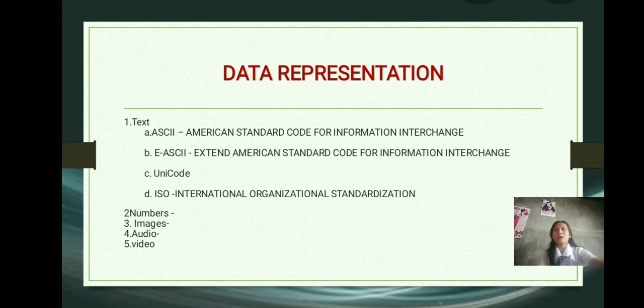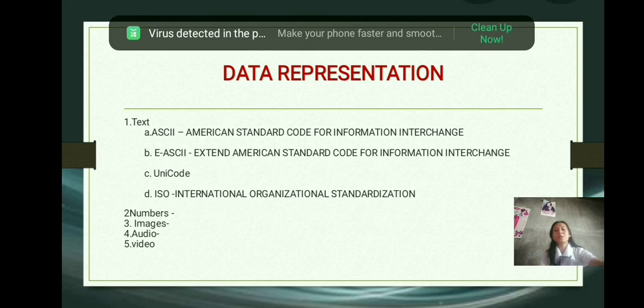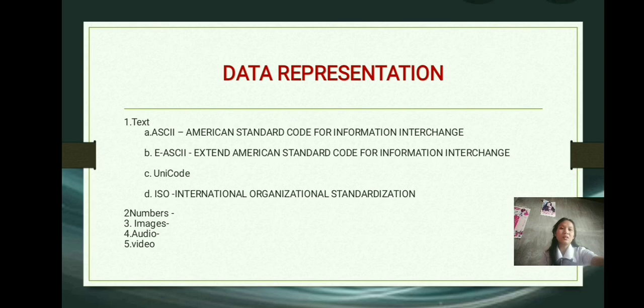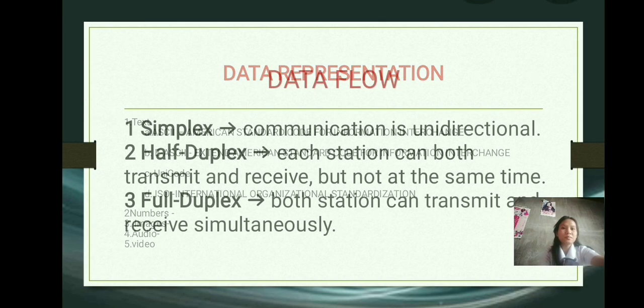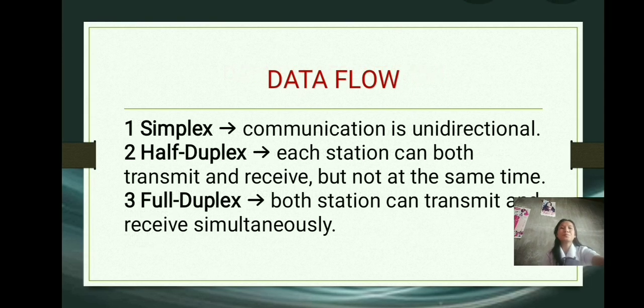Video. It is the data representation by recording, reproducing, or showing moving visual images. We are making a data representation using moving visual images. That is the video. Next one is the data flow.